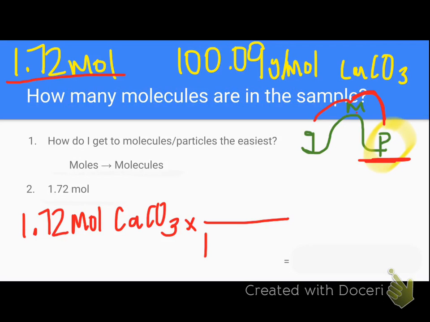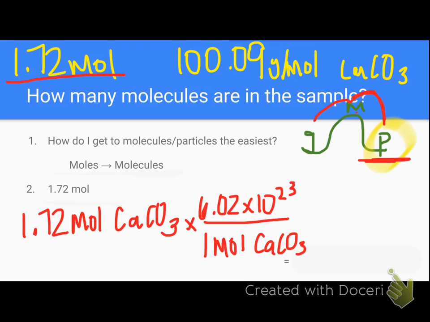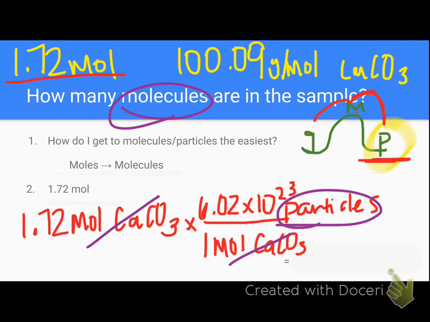So in 1 mole of CaCO3, I have 6.02 times 10 to the 23rd particles. Now check your units here. 1 mole cancels. I'm left with particles. That's what I want. So go ahead and do the math.